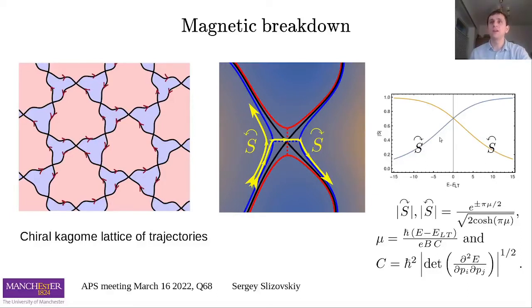On one side of the Lifshitz transition, it is higher probability to turn left, and on the other side of the Lifshitz transition, it is higher probability to turn right. As a result of magnetic breakdown, electrons can travel along an infinite chiral Kagome lattice of trajectories.